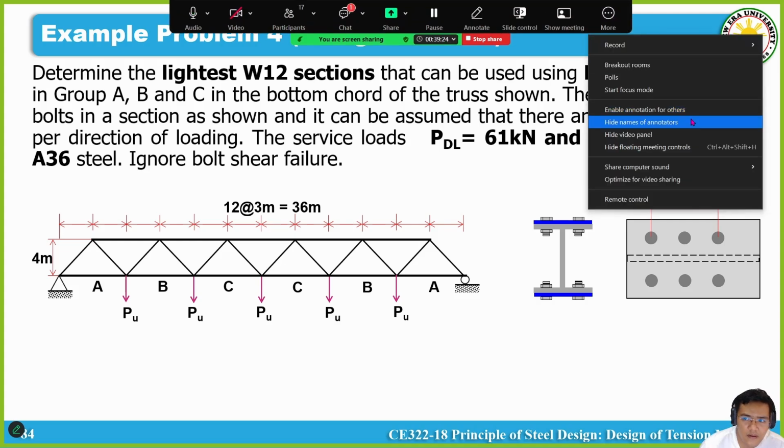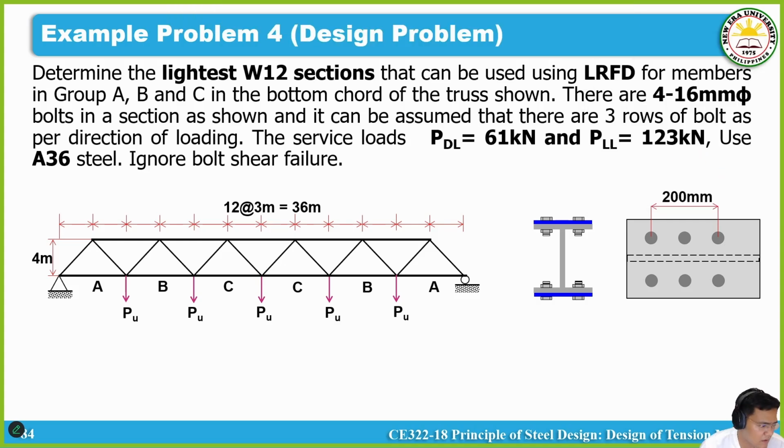Determine the likeliest W12 sections that can be used using LRFD for members in group A, B, and C in the bottom chord of the truss shown. There are 4 16 mm bolts in a section as shown, and it can be assumed that there are 3 rows of bolts as per direction of loading. The service dead load is 61 kN and live load is 180 kN.